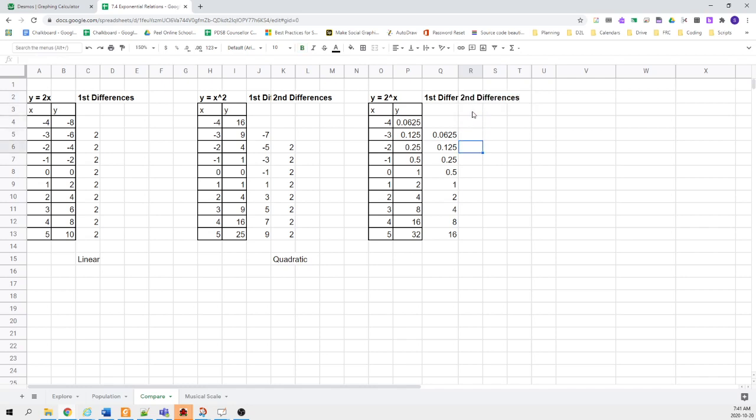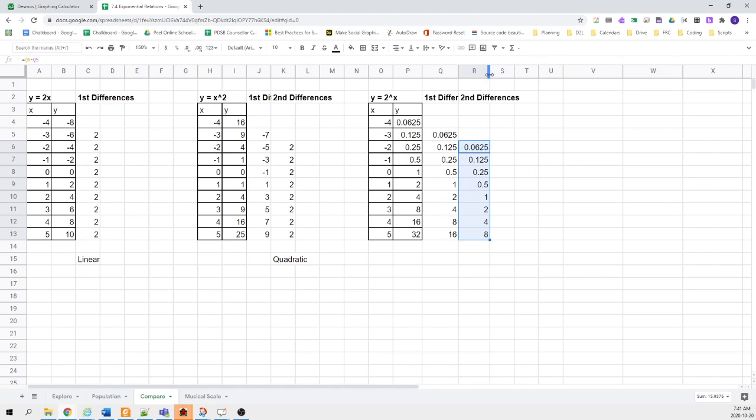How about the second differences? Those are all different too. So it's not linear, it's not quadratic, it could be exponential.